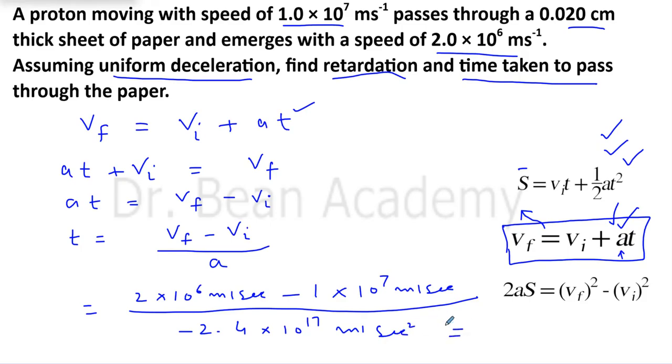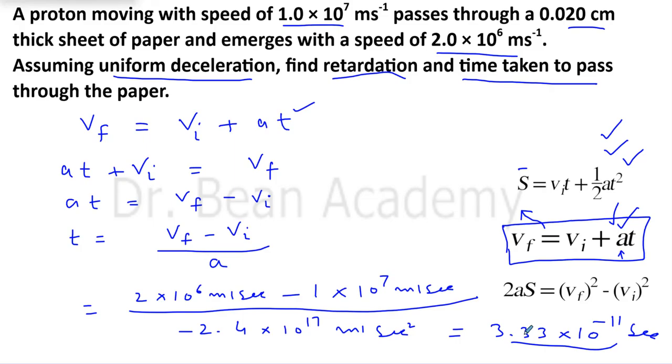So I am very efficient with my calculator, and it is giving me the value 3.33 into 10 power negative 11 seconds. Can you imagine how small this time is? It is very, very small.